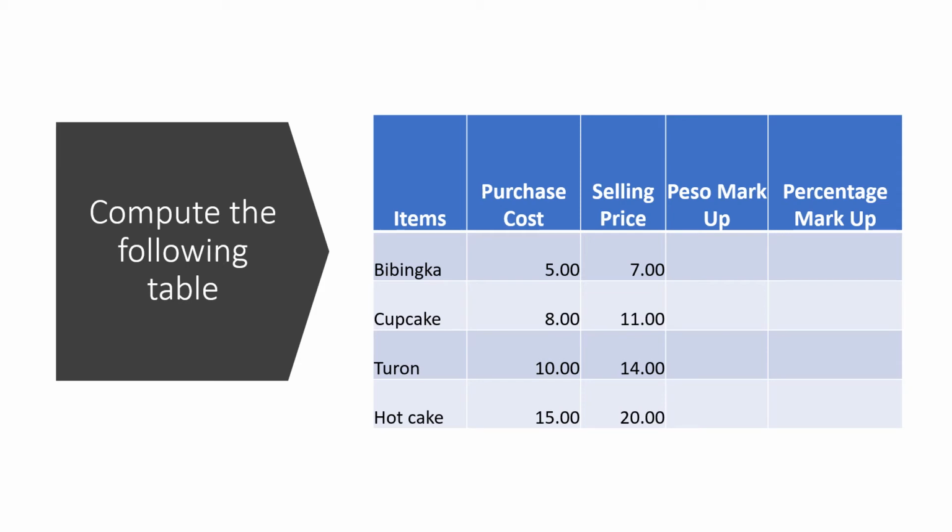Now, find the peso markup and the percentage markup for bibingka, cupcake, turon, and hot cake. I will give you 30 seconds. Timer starts now.